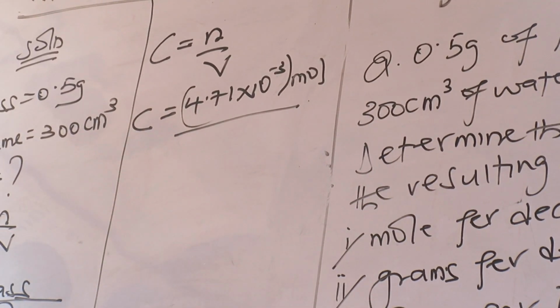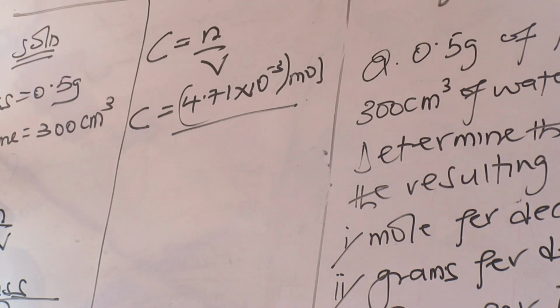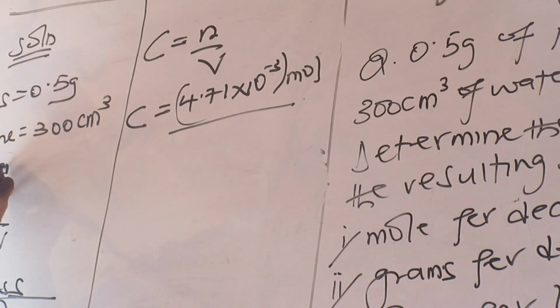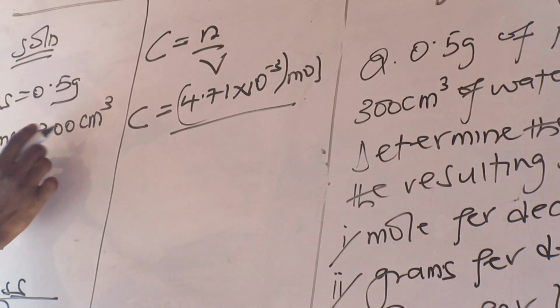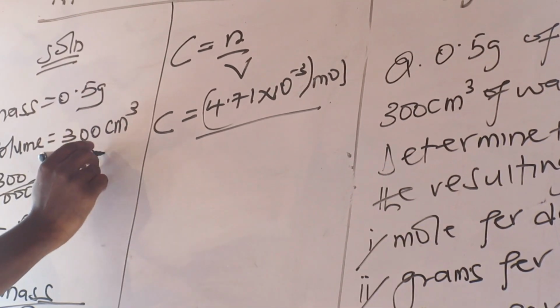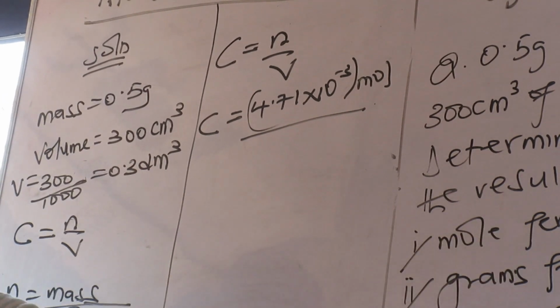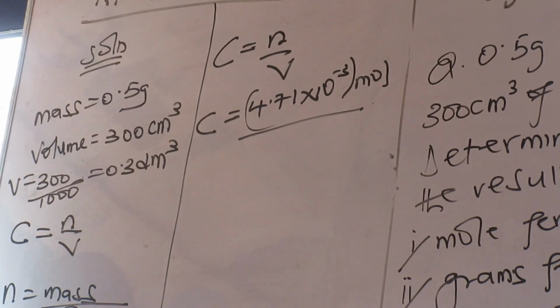Now anytime you are given a V, make sure you change your V towards dm cube. So this one will be changed to dm cube, right? It is just divided by what? 1000. So 300 over 1000 will give you 0.3 decimeter cube. Why? You have been asked to calculate in moles per decimeter cube. If you don't change your volume term, you end up in cm cube.